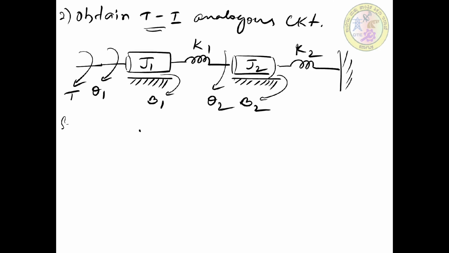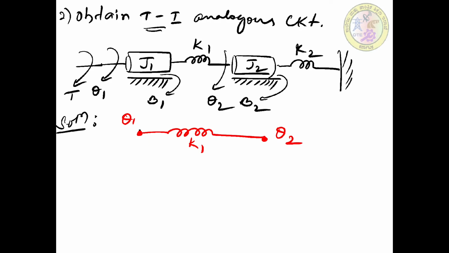So the solution, the first step is to obtain the equivalent mechanical system. So we will draw equivalent mechanical system. We have two nodes in this, one is theta 1 node, other one is theta 2 node. Directly it is visible that between theta 1 and theta 2 we have the spring K1.